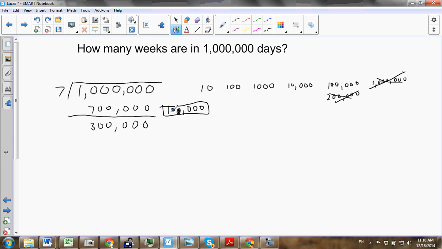And by the way, the traditional method would have you writing a 1 up here. This is 100,000. I'm going to put a 1 in the 100,000s place.